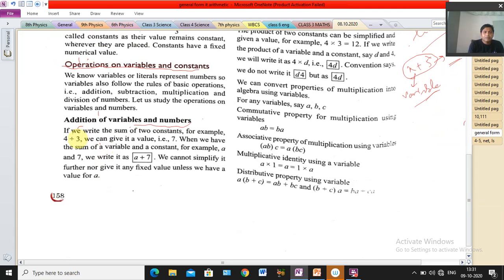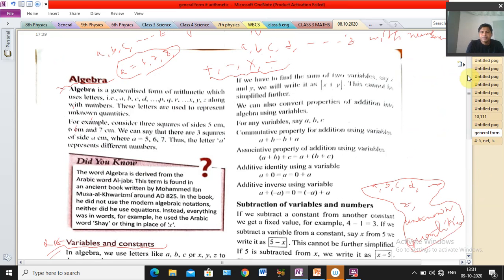Addition also, okay, complete. Next, here a few properties are given. What are the properties, sir? Property number 1, commutative property for addition, associative property of addition, additive identity and additive inverse.